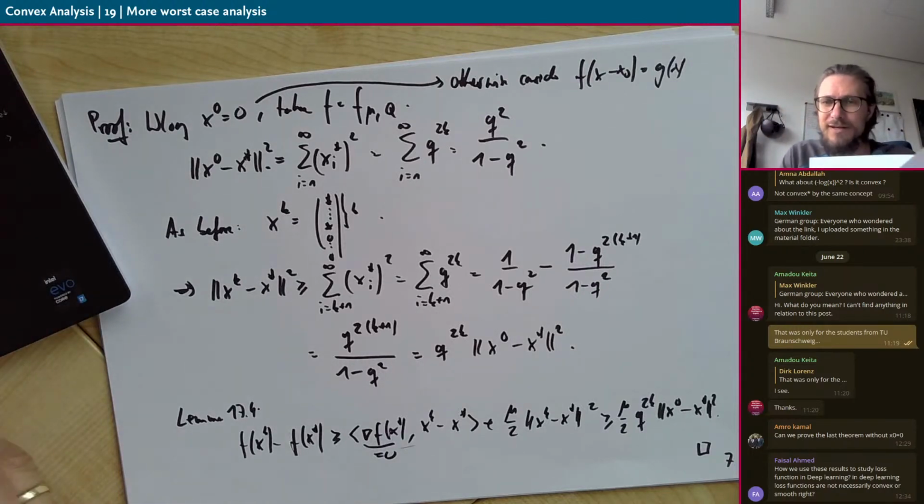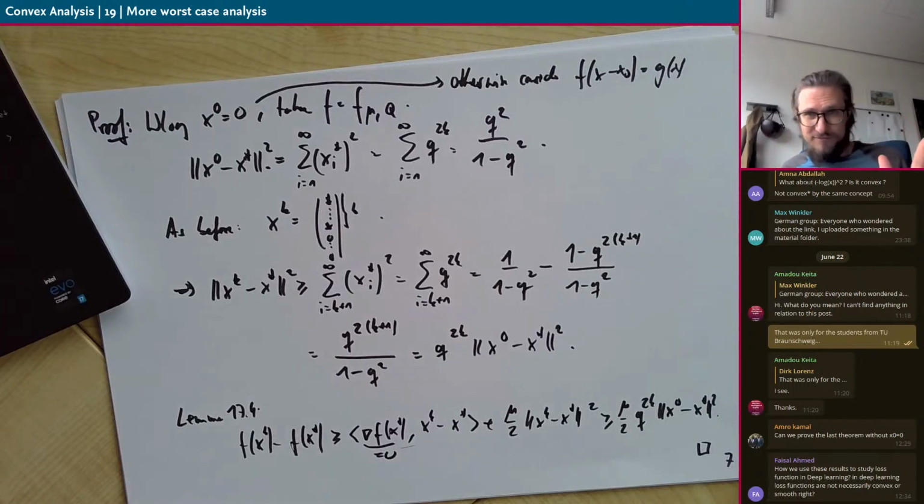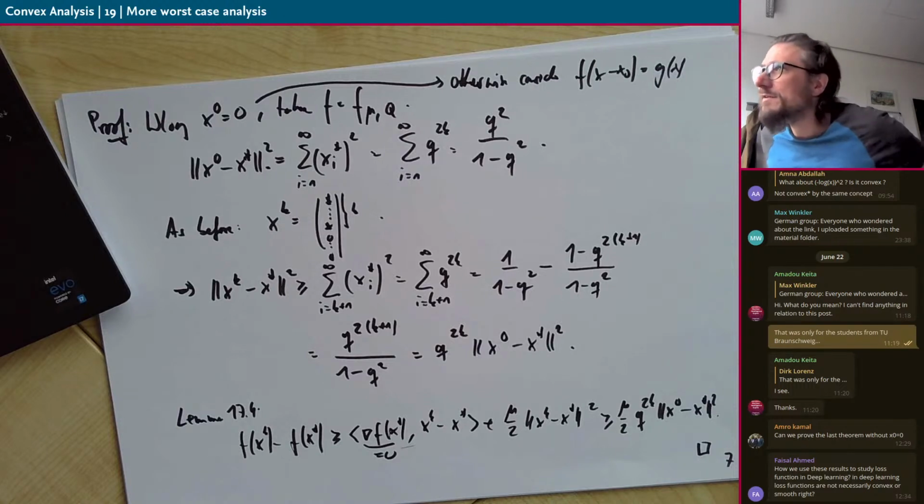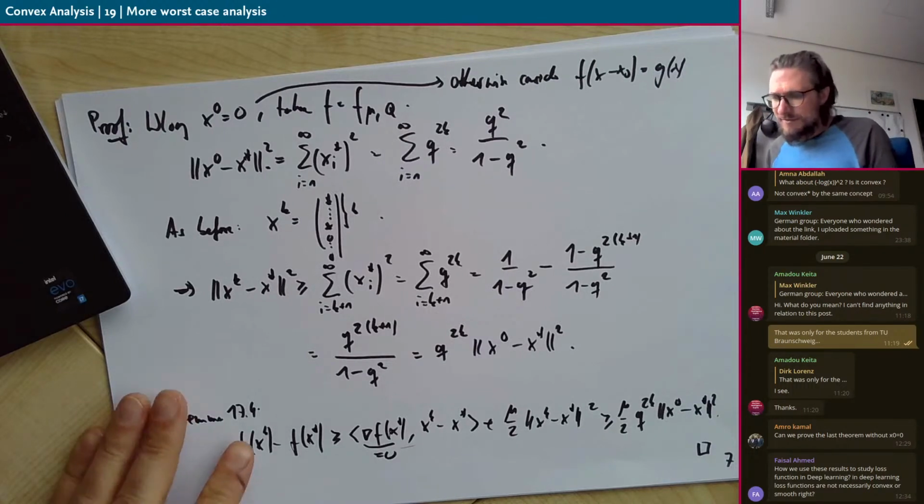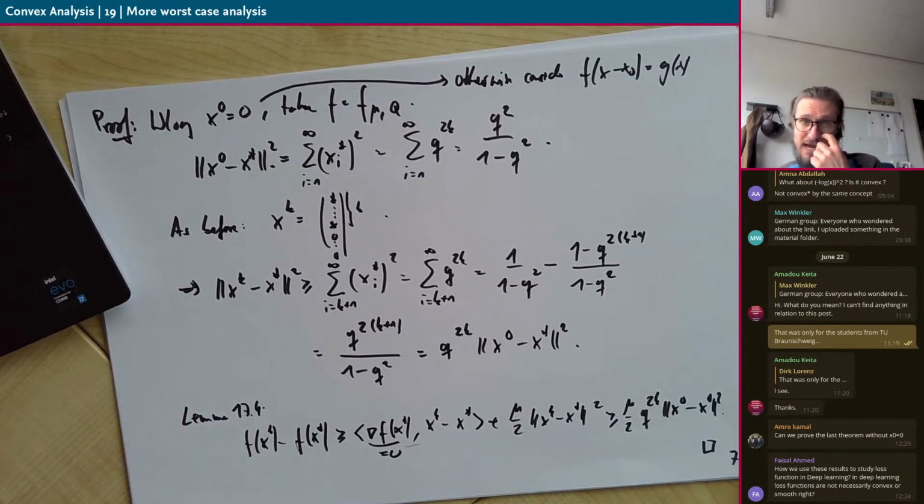So what we did here is in the case of convex functions, and one reason why we did this in the convex case is that we're actually able to prove something. So how does this help us to study the loss functions in deep learning? I would say it's not totally clear.